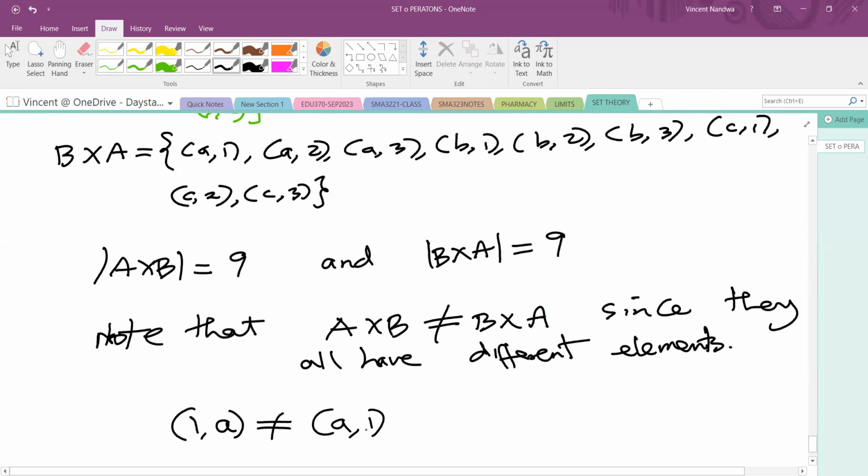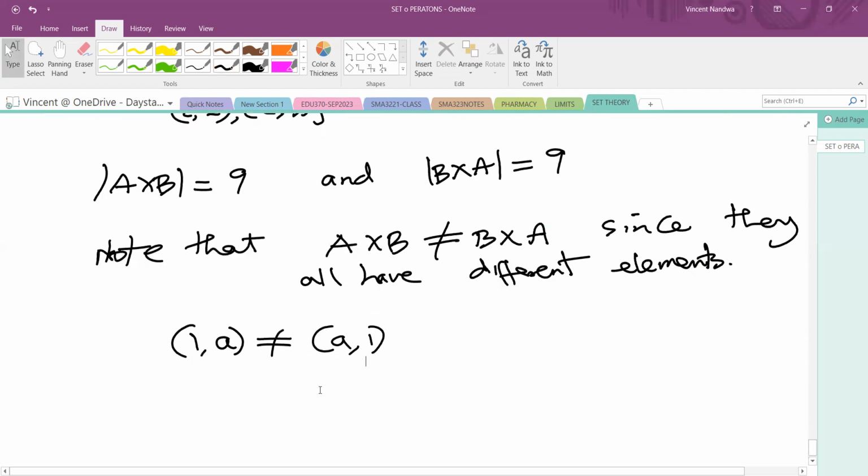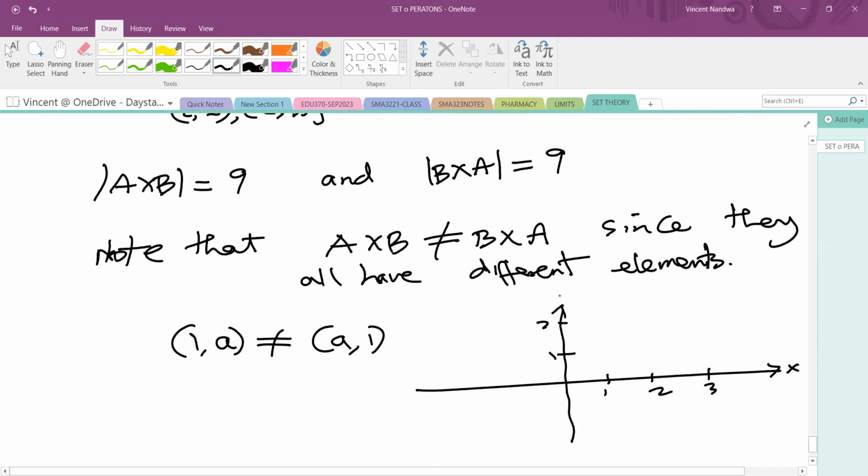It's just like when you are plotting points in the Cartesian plane. So this is your X, Y axis, say 1, 2, 3 on the X axis, and 1, 2 on the Y axis.